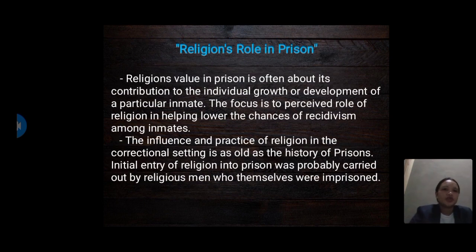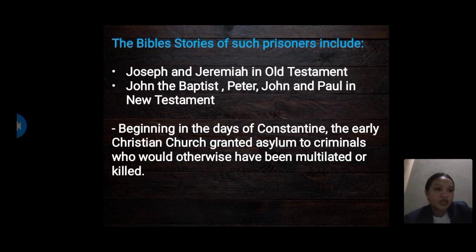Religion's role in prison. The influence and practice of religion in the correctional setting is as old as the history of prisons. The initial entry of religion into prison was probably carried out by religious men who themselves were imprisoned.